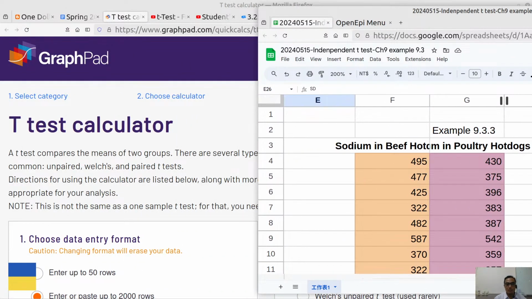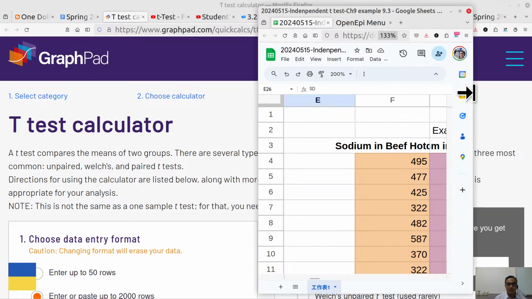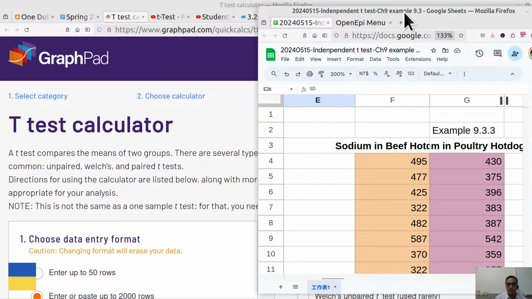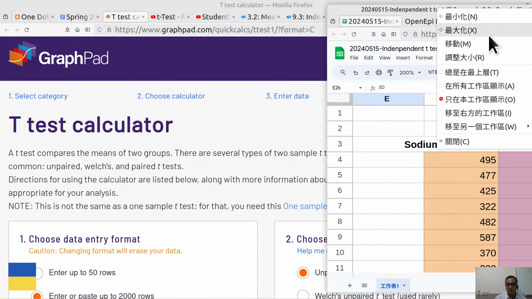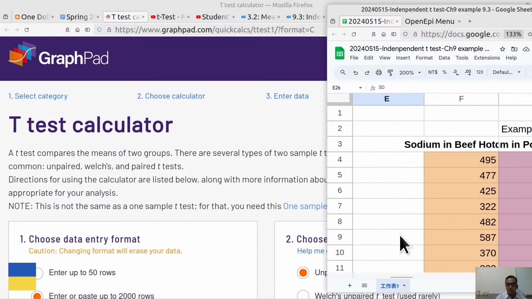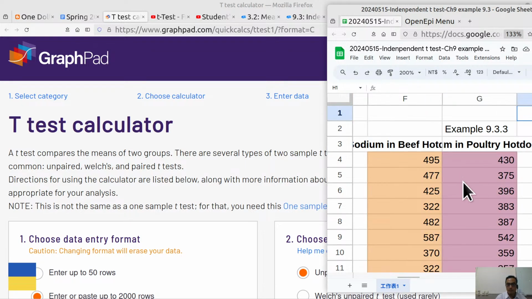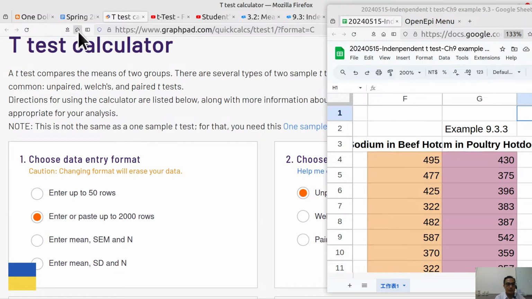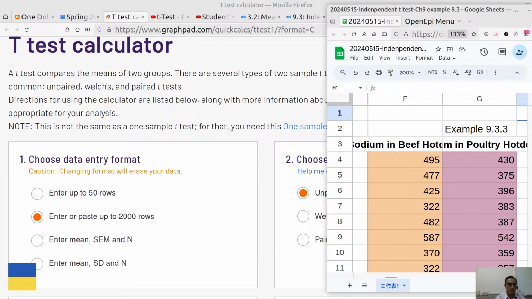I move it a little bit to the right. Okay, then I love this calculator. Now I enter or paste up to 2,000 rows.